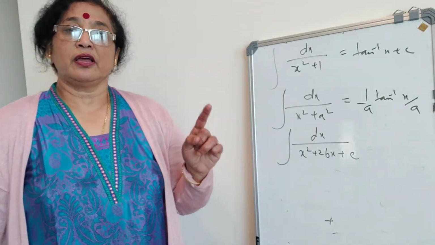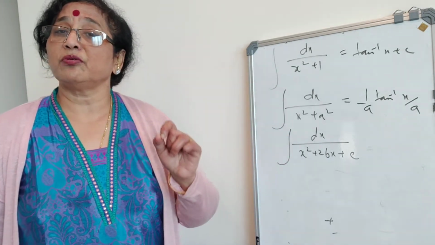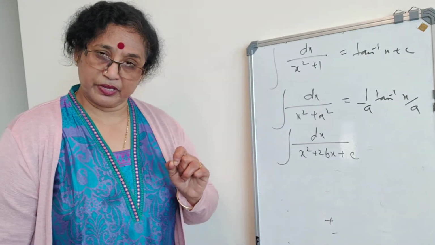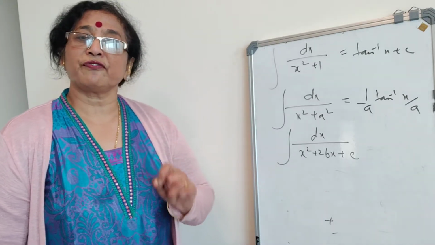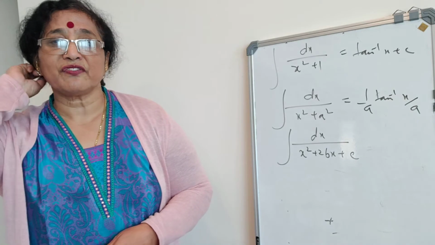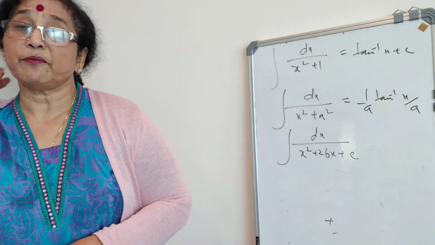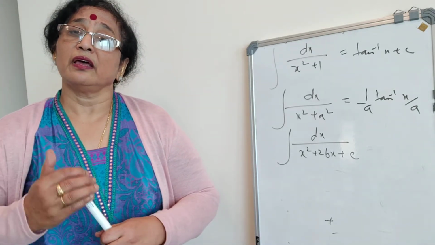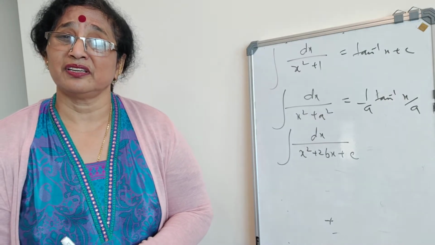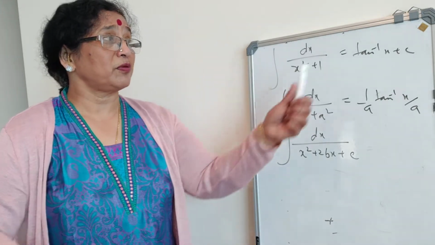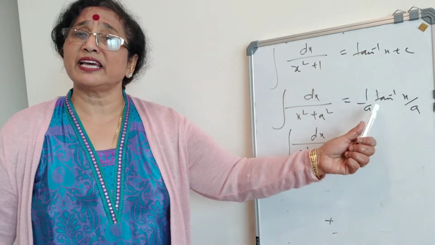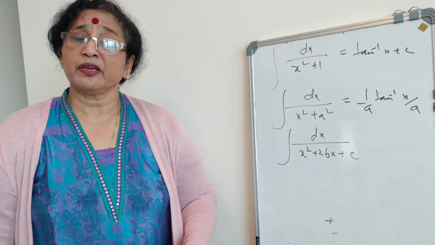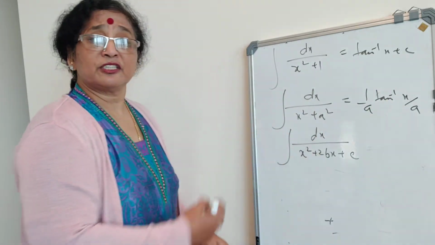Be very careful. Again, I'm telling you, the numerator should only be a number. It should not be a function of x. Because if it's a function of x, children, there are many ways of doing it. The approach becomes different. So if you want to use this formula, 1 by a tan inverse x by a, you complete a square.